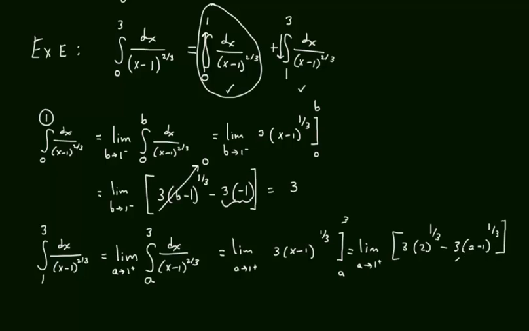Plugging in 1, this expression is going to 0, so that tells us that the limit of this respective integral is 3 times 2 to the 1/3 power. So in the end, each one converged, so the original integral converges to the value of 3 plus 3 times 2 to the 1/3 power.